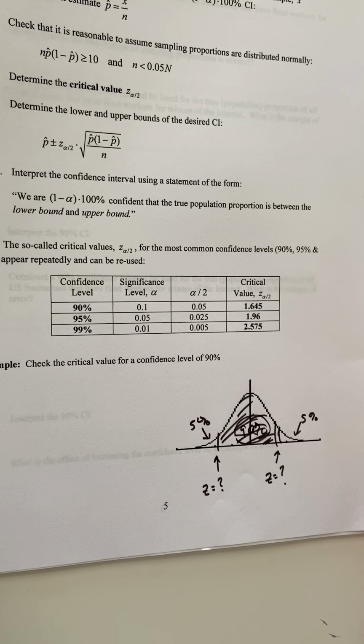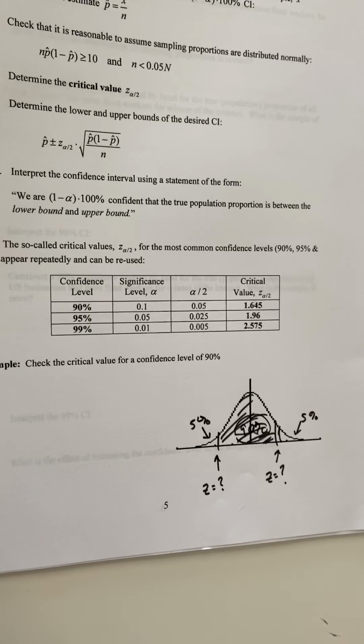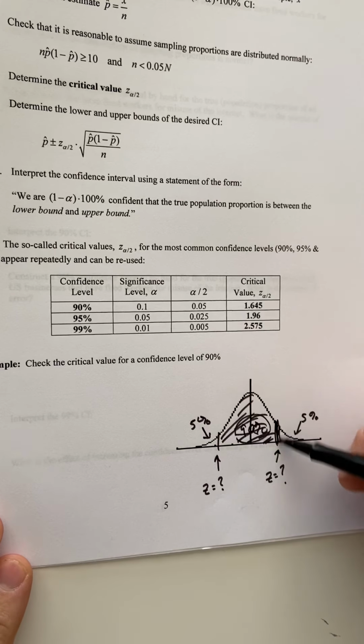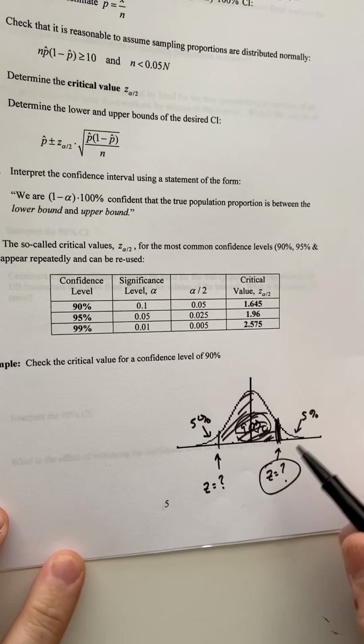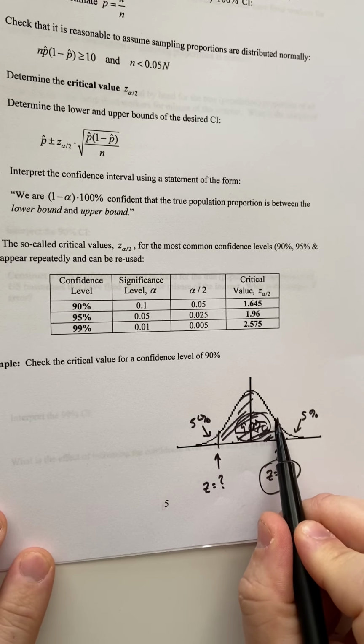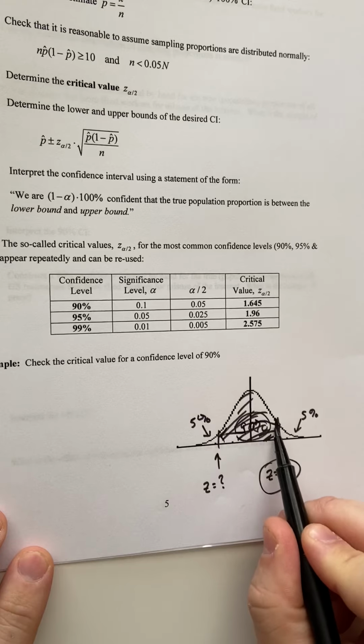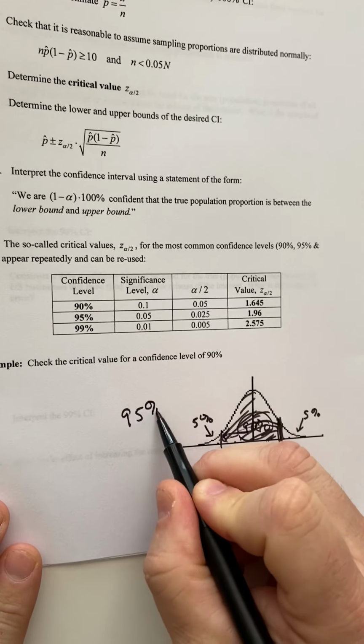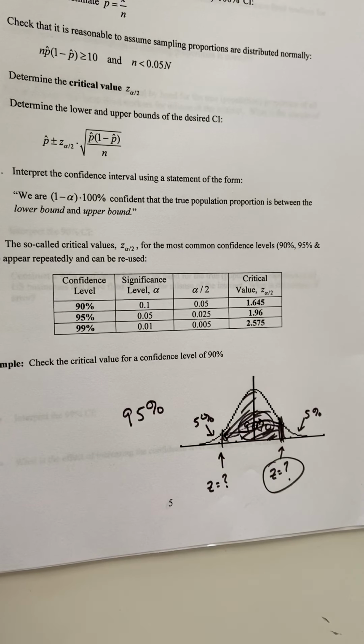The z-tables are always supplied for you. It'll either say distribution table page 1, which has all the negative z-values, and distribution page 2, which has all the positive z-values. We want to look up the confidence level. We want to find this z-value right here. Our chart is limited to just showing us area to the left, so we've got 95% of the area to the left of this z-value.